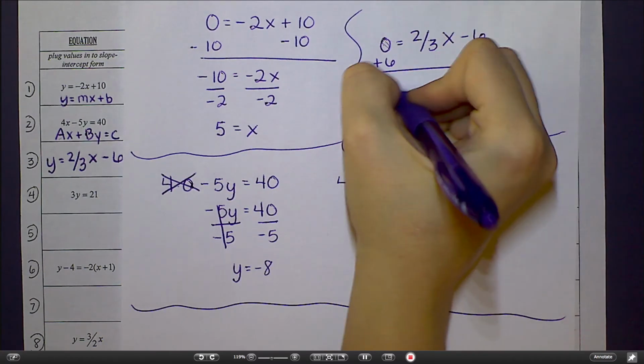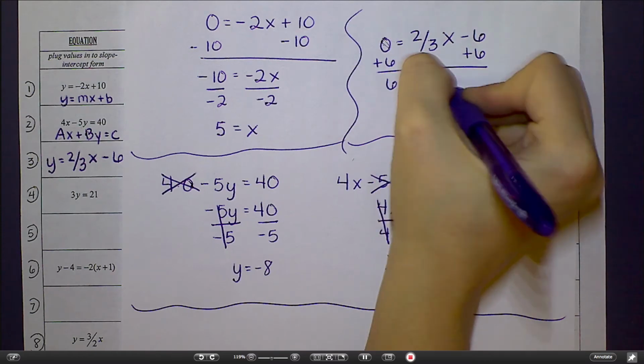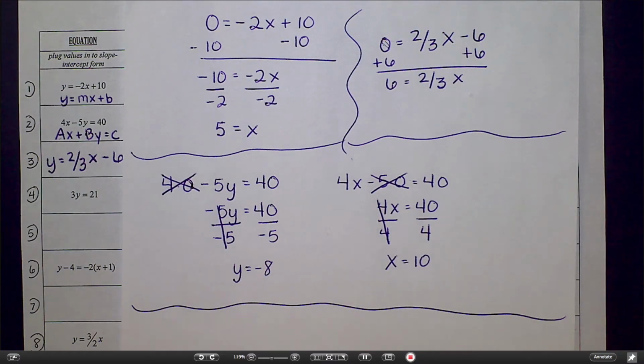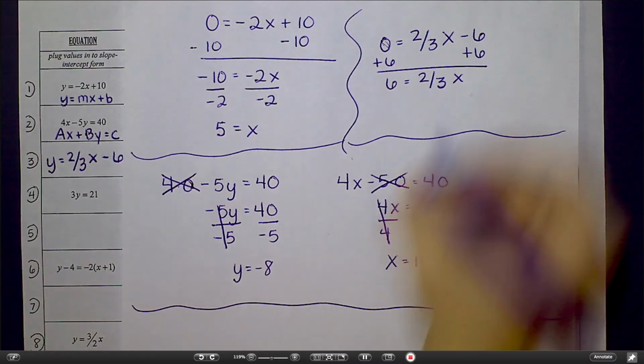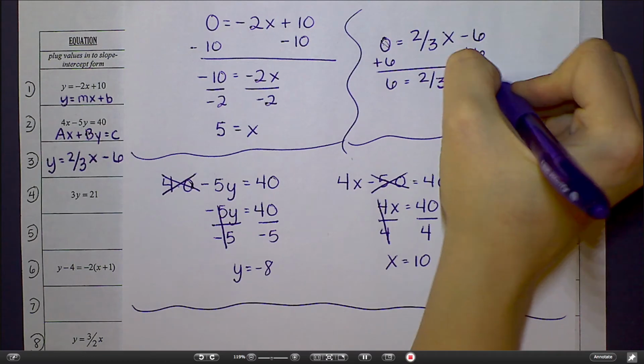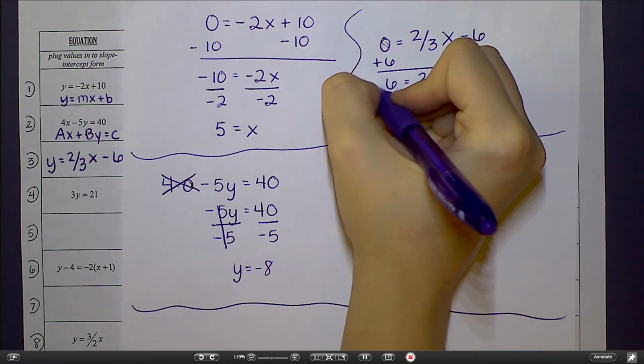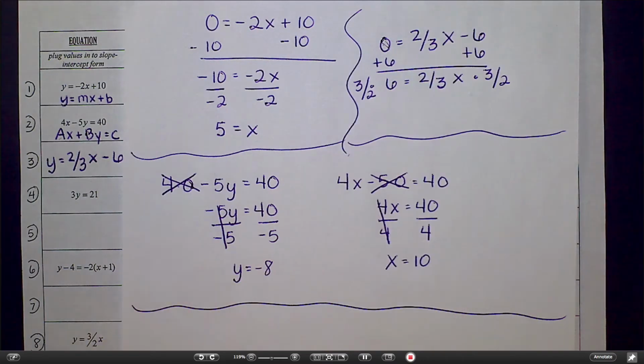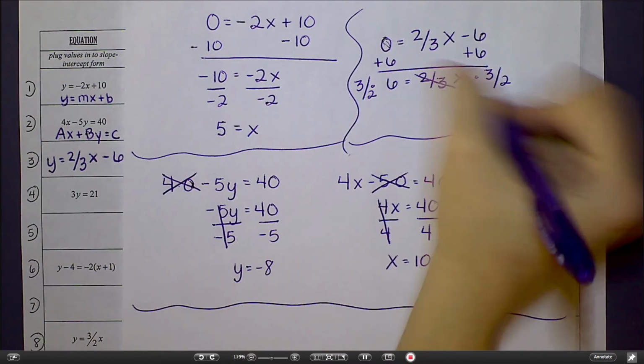So I end up with 6 equals 2/3 x. Now my recommendation for getting rid of a fraction is always to multiply by the reciprocal. So I would multiply by 3/2 and multiply by 3/2. Okay? That's going to cancel these out.